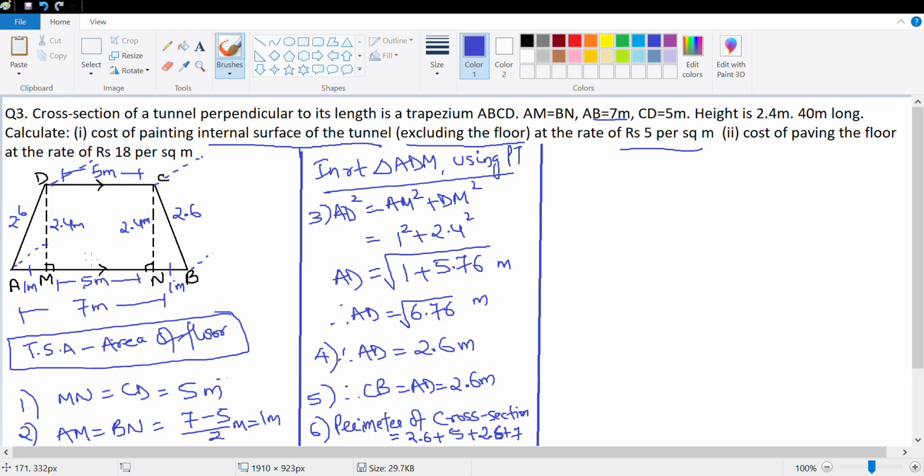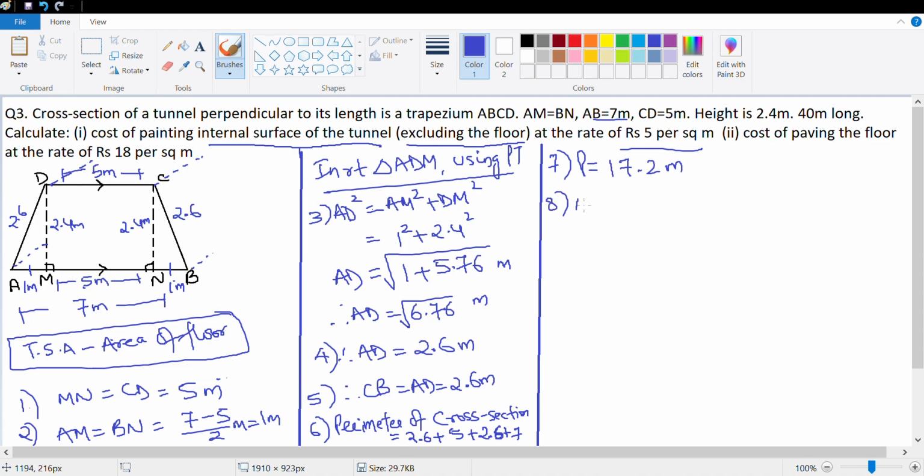Let's just check. 2.6 plus 5 plus 2.6 plus 7. Perfect. Perimeter would be equal to 17.2 meter.